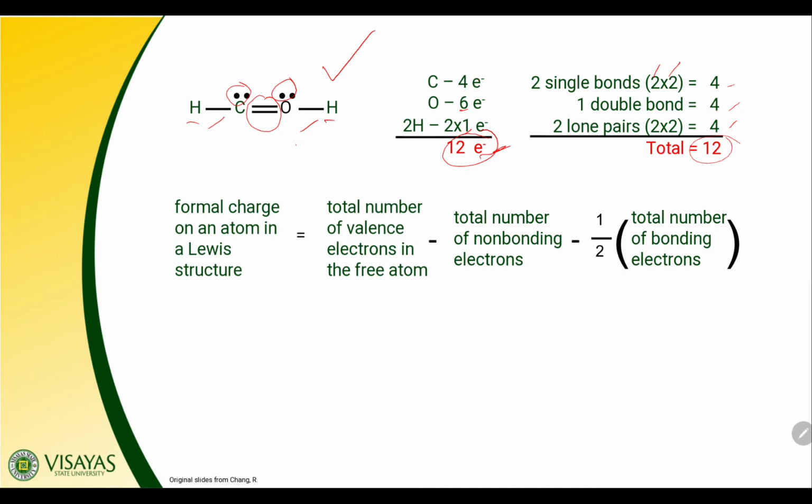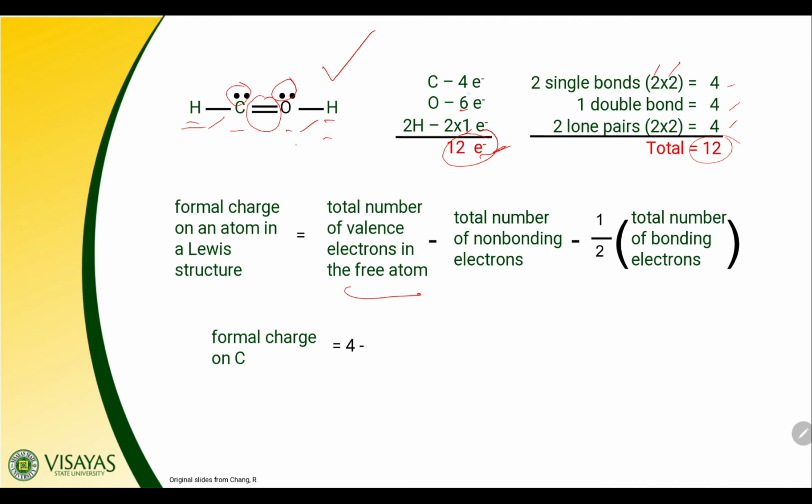Now let's compute the formal charge of each of the atoms in this structure. Let's start with carbon. In the formula, we start with the total number of valence electrons in the free atom.